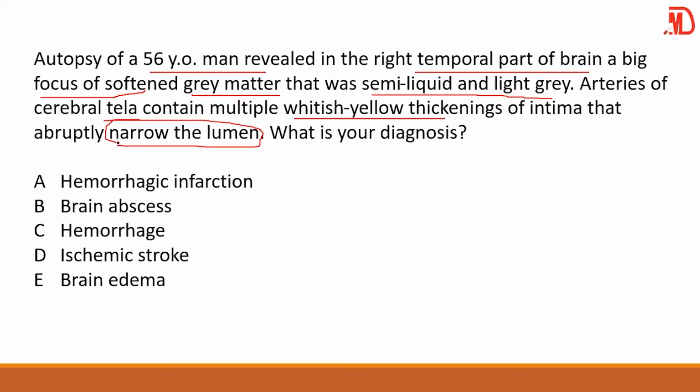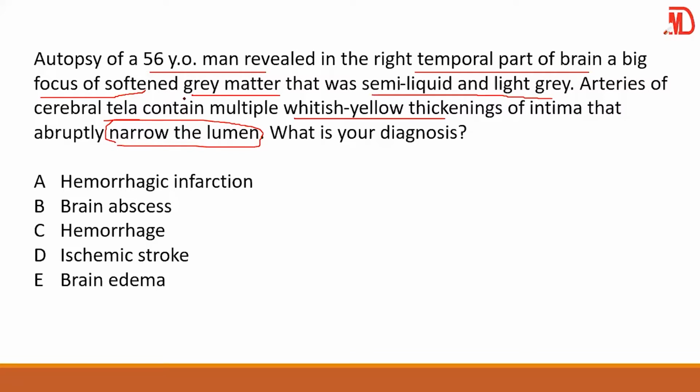What it tells us is that when the cerebral arteries are narrowed, there will not be blood going to the brain. So as a result, the brain undergoes necrosis, because it's lacking blood, and blood contains oxygen, and no oxygen is there to supply the brain.